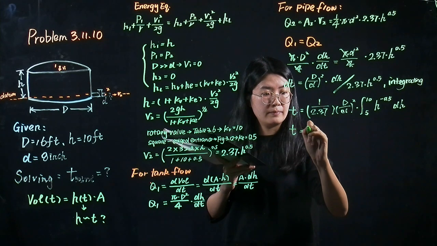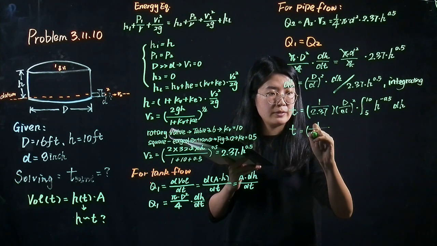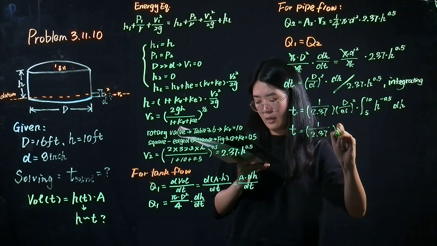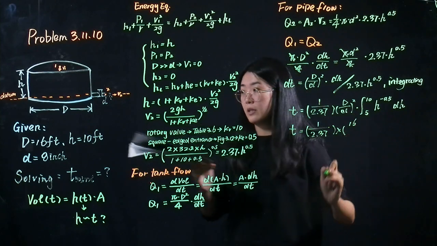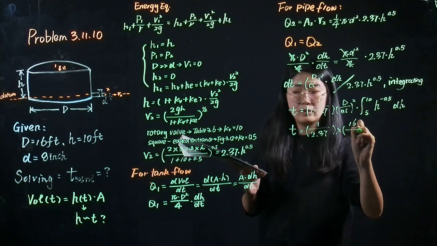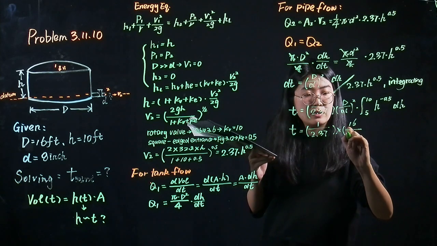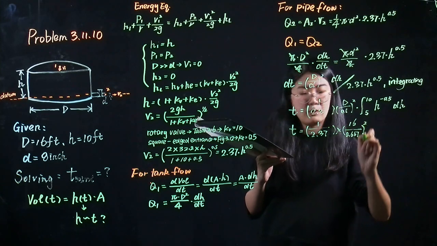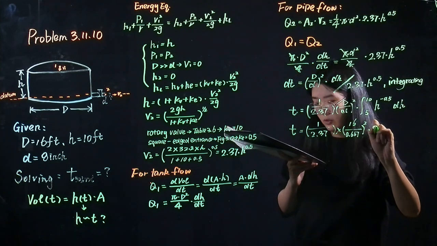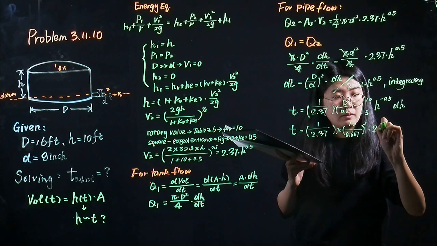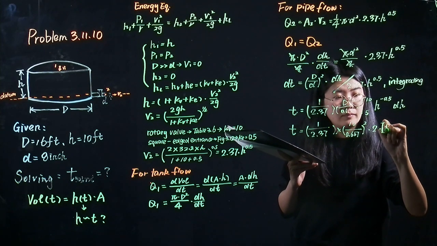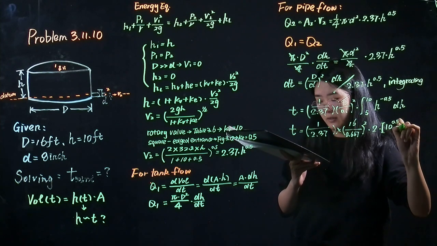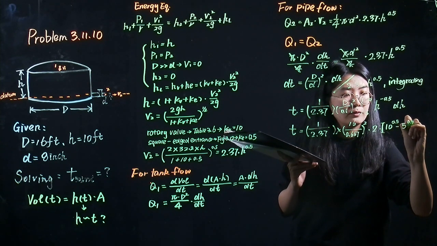So we get the result: 1 over 2.37 times capital D, which is 16 feet, over the 8 inches, which is 0.667 feet, to the power of 2, times 2 times 10 to the power of 0.5 minus 5 to the power of 0.5.